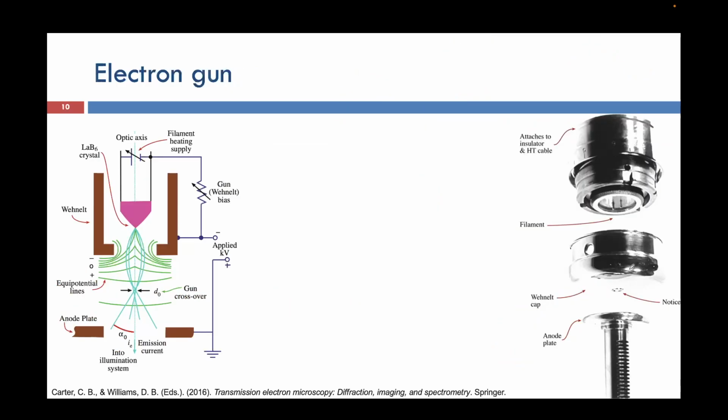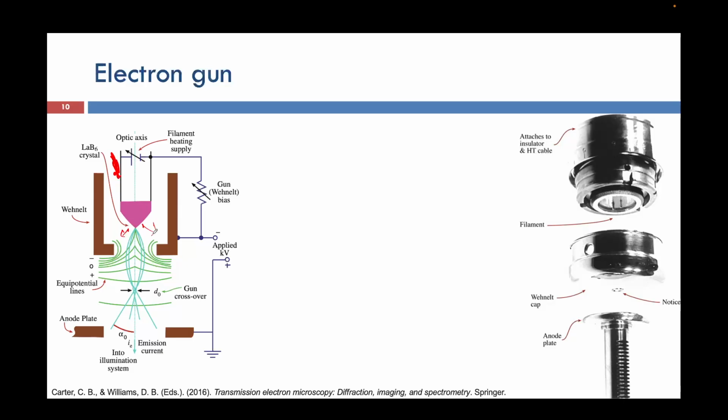Okay, and coming to this electron gun, how are the electrons getting extracted? Here this is an electron gun consisting of a LaB6 crystal, and here you can see once the electrons are pulled out from this material, whether by heating or by applying an electric field, they will have a tendency to go in all directions.